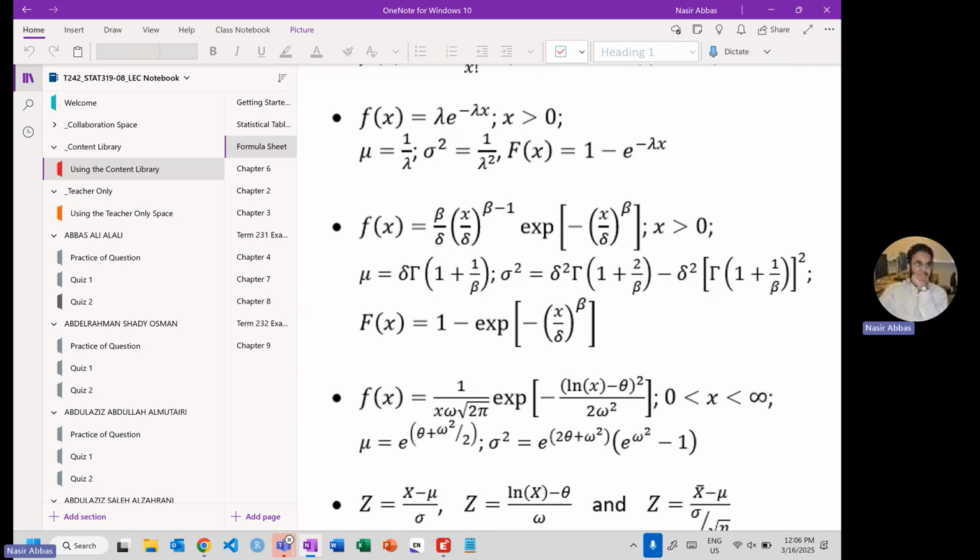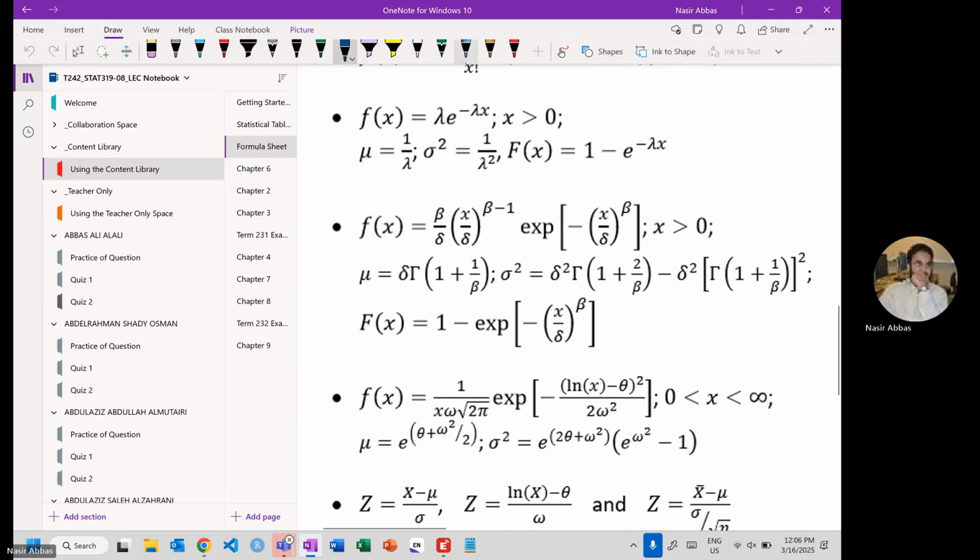So for the Weibull distribution, mu is what? Delta multiplied by gamma of 1 plus 1 over beta.